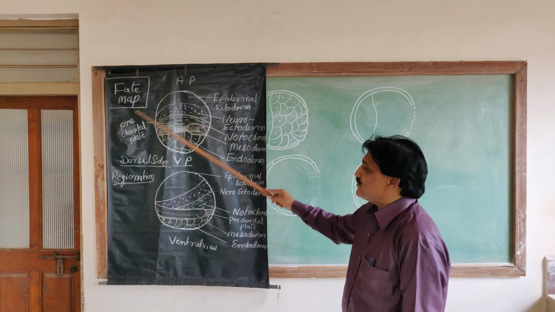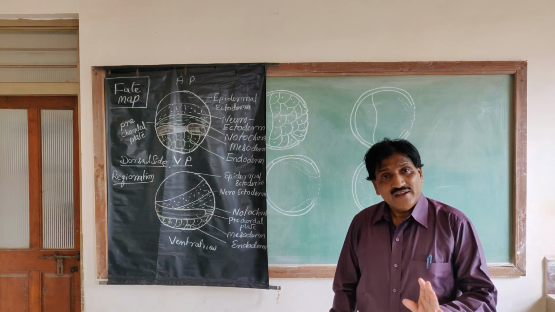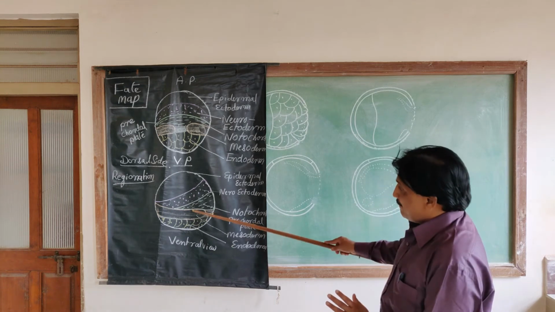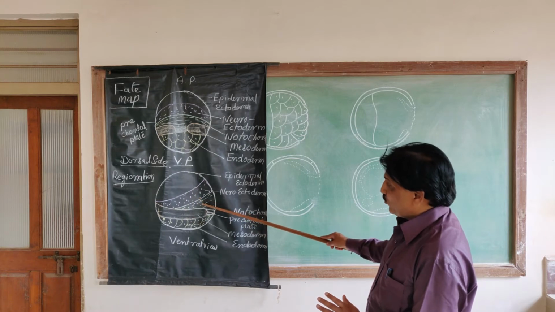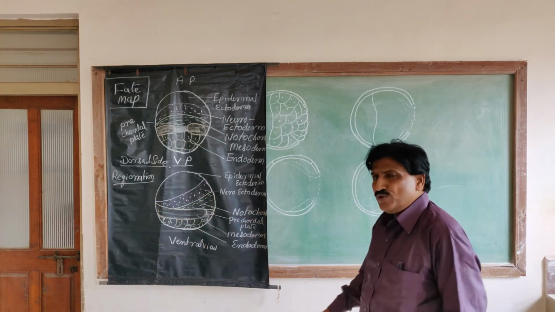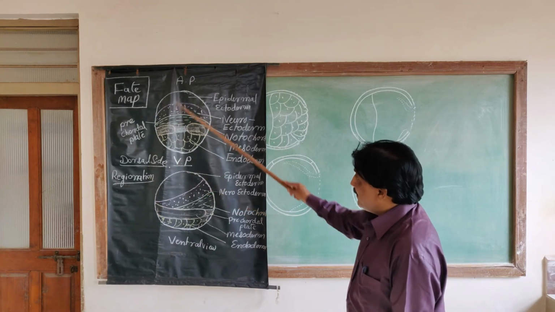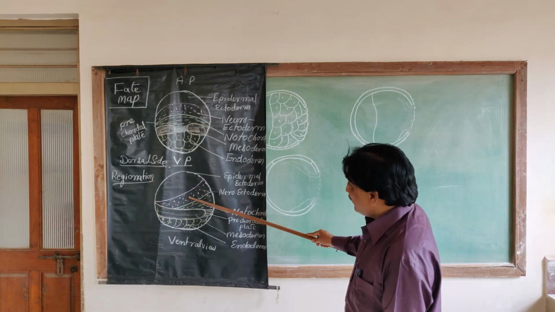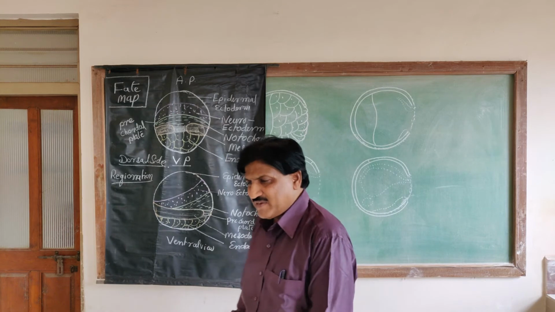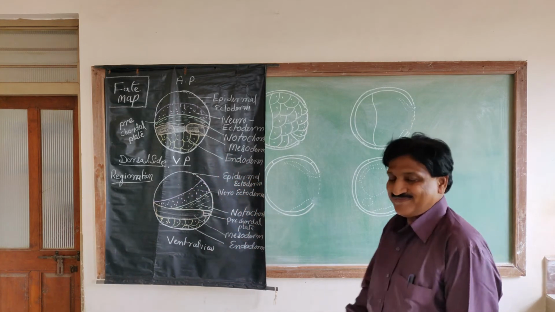Away from the neuroectoderm, these areas develop into epidermal ectoderm. What do you call it? Epidermal ectoderm.